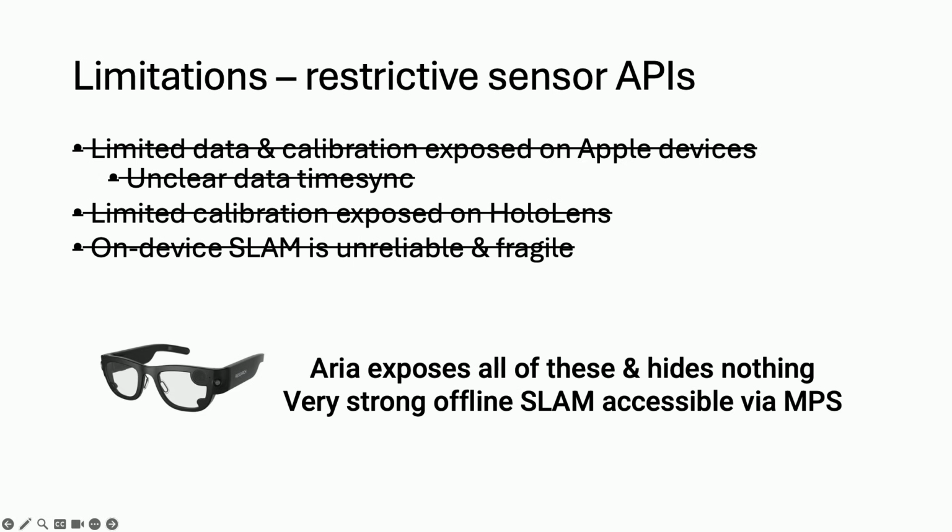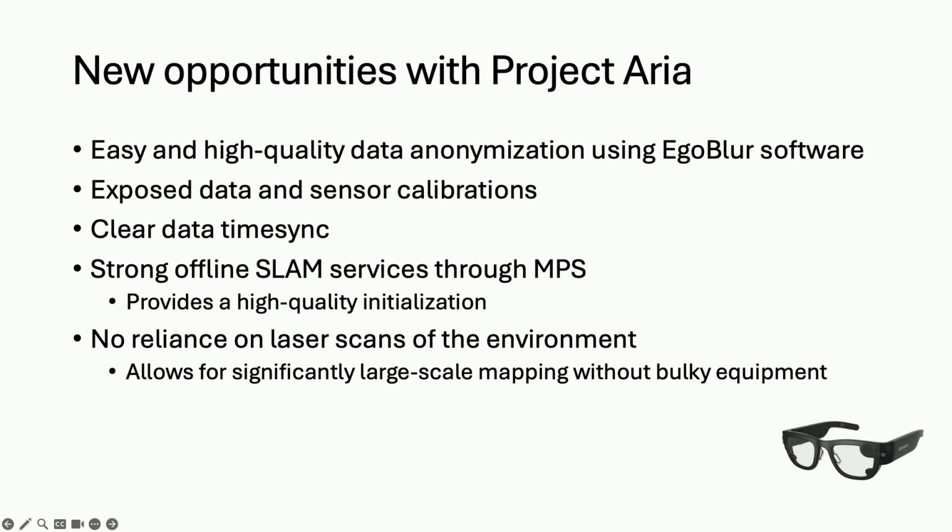So all these benefits make our new dataset capture quite straightforward, and bring a lot of new opportunities to scale up the dataset with egocentric devices. And we also don't need to rely on the laser scans of the environments, which was needed in the LaMAria dataset.